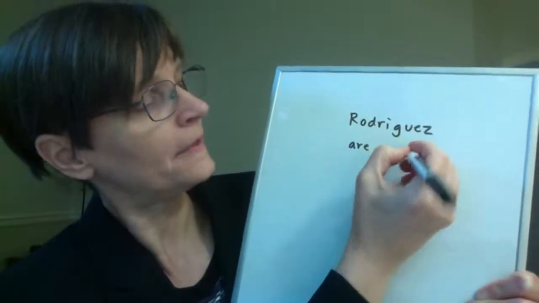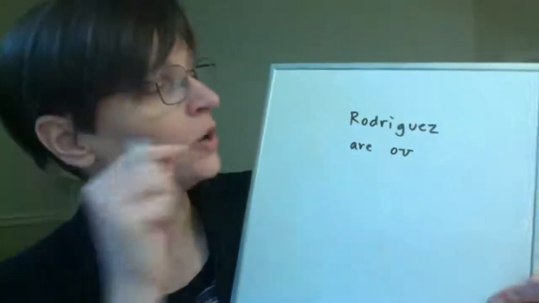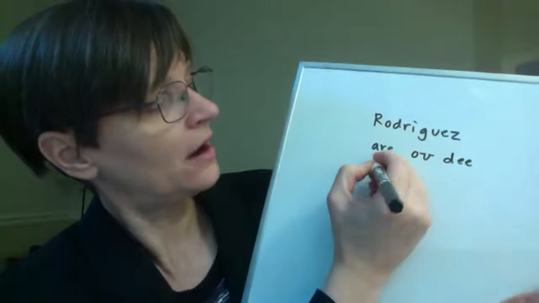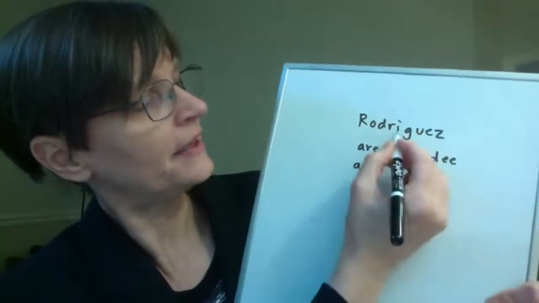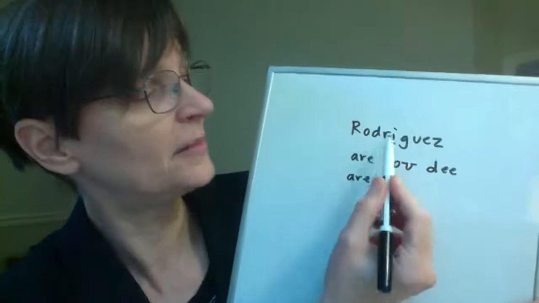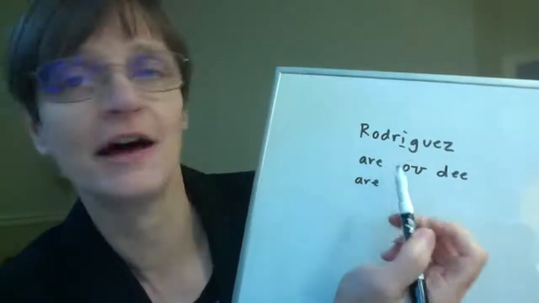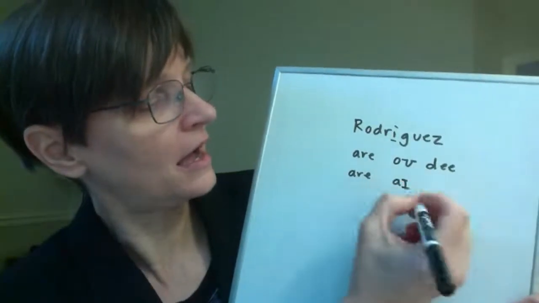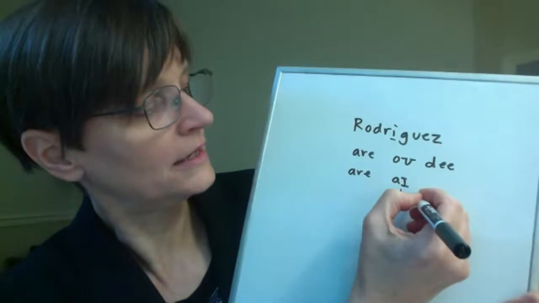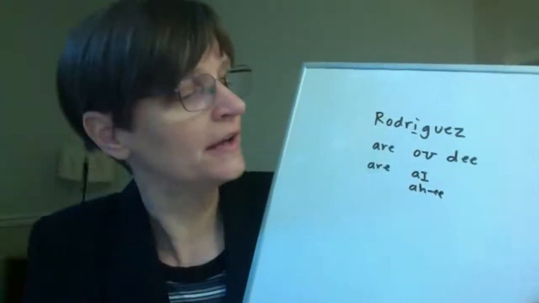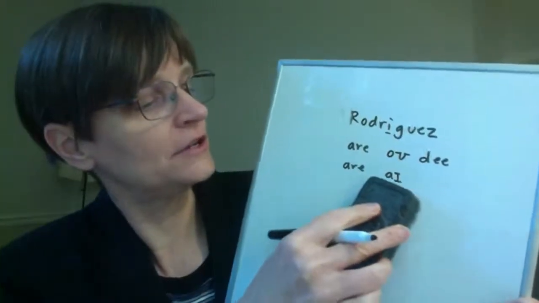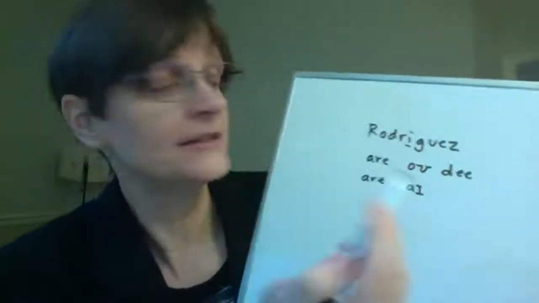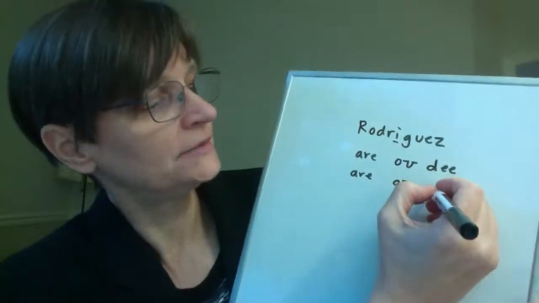O. I want to make sure I have a long American O. D. R. And then I can be tricky because if I'm a Spanish speaker, my name is Rodriguez, and I think of the I as being an E. I will have to, if I write I, or I, depending on what's useful for you. If you're familiar with the phonetic alphabet, you can use that. Or just a way of writing it so that you're noticing and remembering I instead of E.